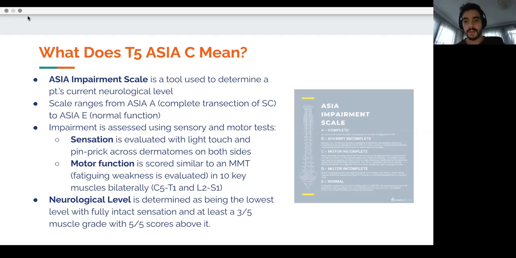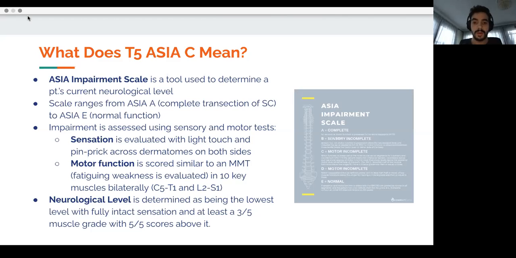So our patient is T5 Asia C, but what exactly does that mean? The Asia scale is used to determine a patient's current neurological level. The scale ranges from Asia A, being a complete transection of the spinal cord, to Asia E, being normal function. We assess impairment using sensory and motor tests. Sensation is evaluated with both light touch and pinprick sensation across dermatomes bilaterally.